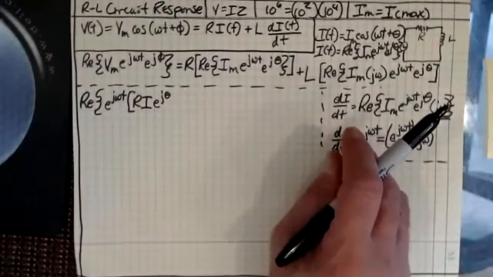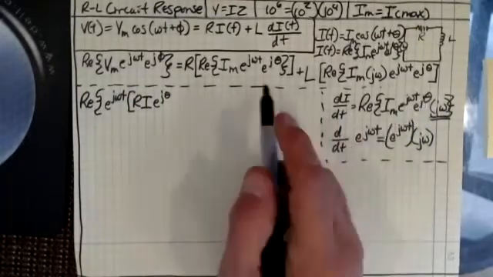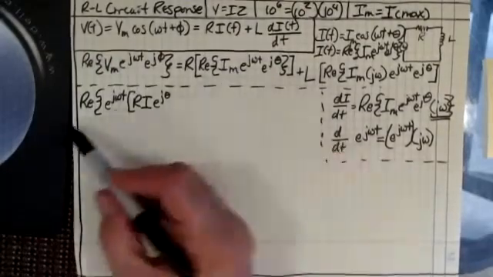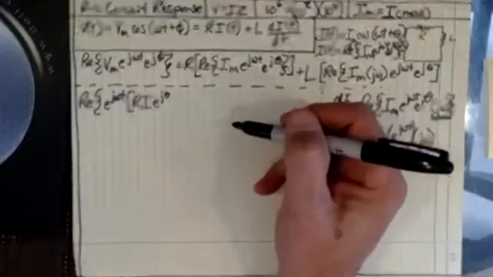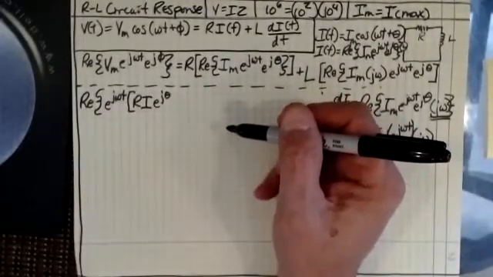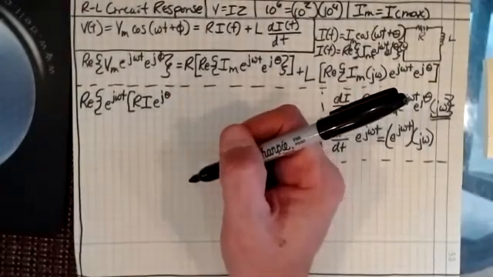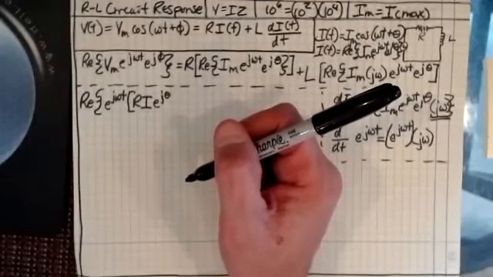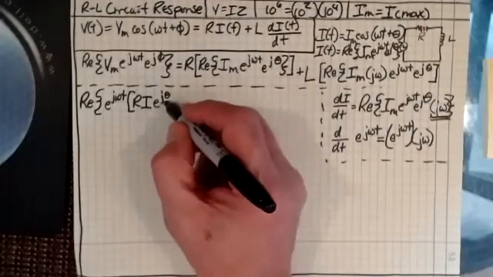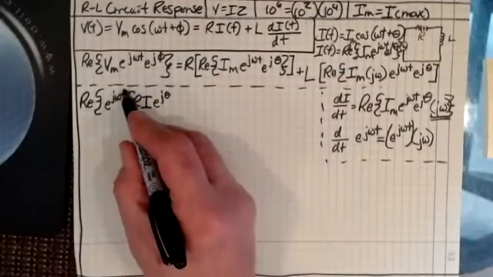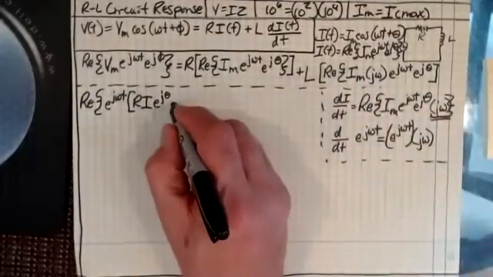Absolutely. No problems with that at all. R is just a constant, isn't it? So I can easily bring that back inside the real. And that's why I'm going through this, really to show you how to use these things and what the operations are. Sometimes I might just do things and not remember to tell you what operation or identity I actually used, but hey, you can't stop me. So R I e to the j theta, and that's because I took e to the j omega t out of there. Now, what does that also leave me?